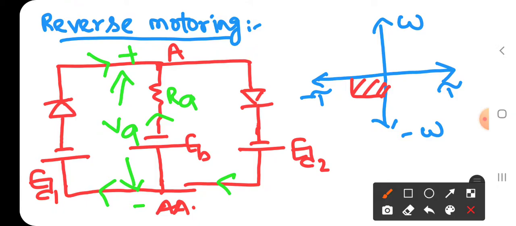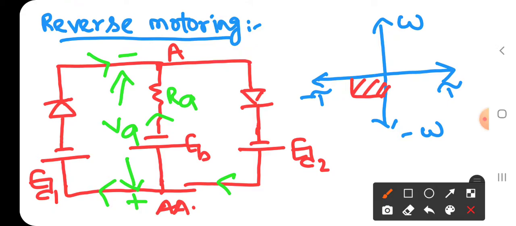So here the positive converter is operating as inverter and the negative converter is operating as rectifier. The terminals of VA are like this, plus minus.